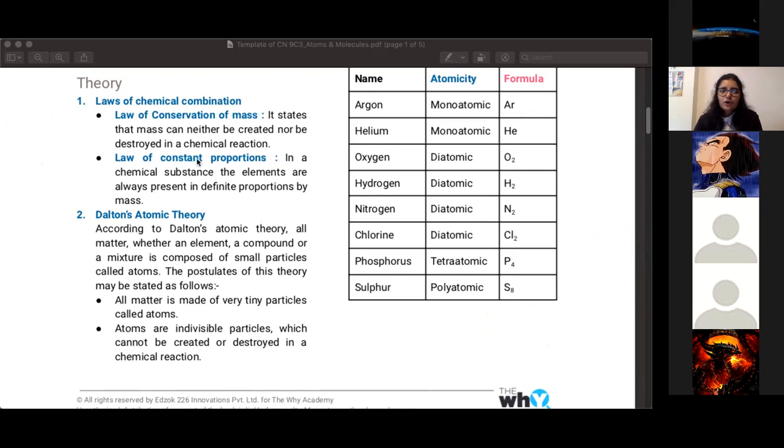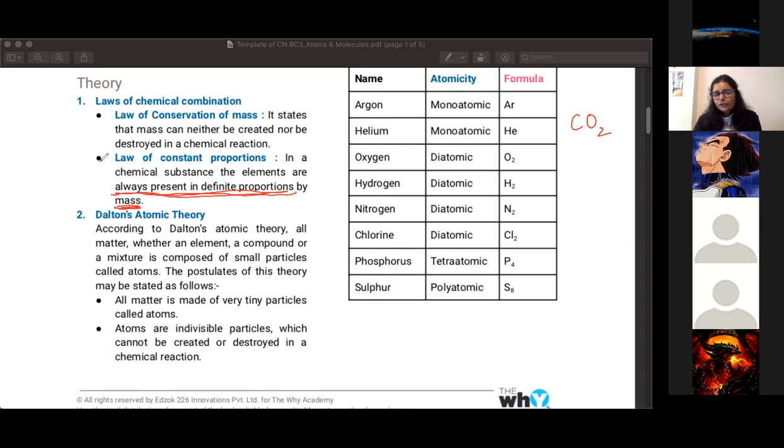Next, you have the law of constant proportions. This law states that in a chemical substance, the elements are always present in definite proportions by mass. Okay. All right. Carbon dioxide is something that we have come across, and we represent carbon dioxide by CO2.